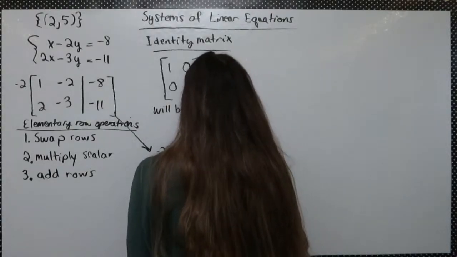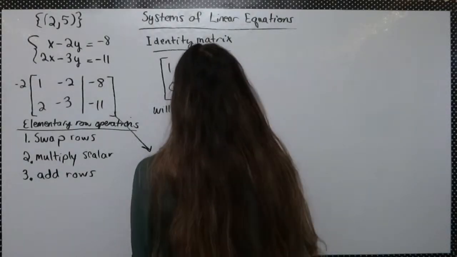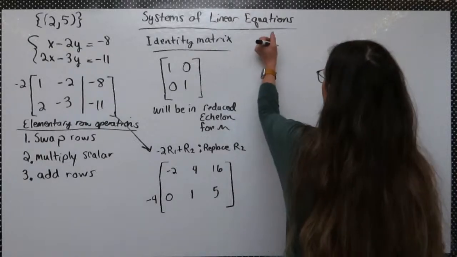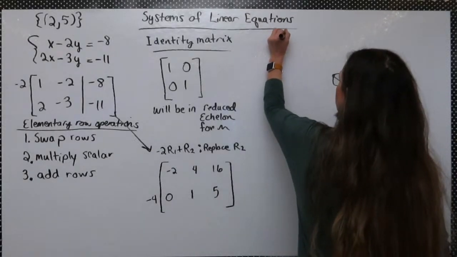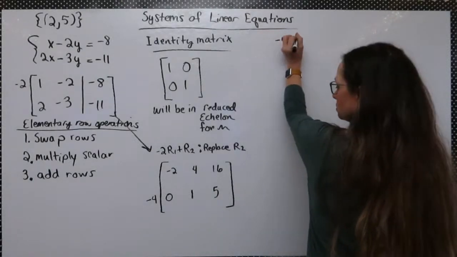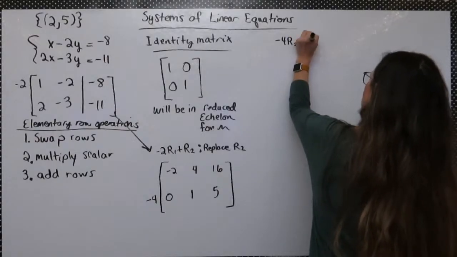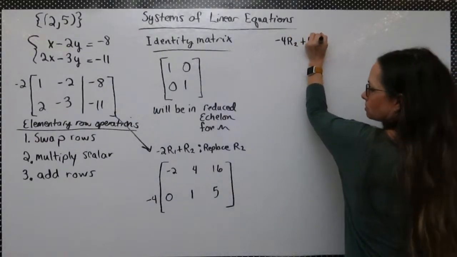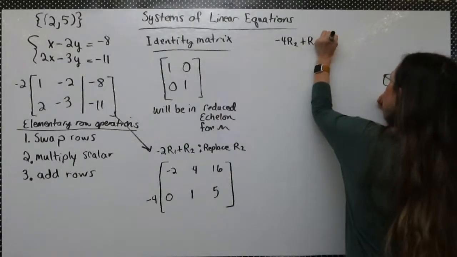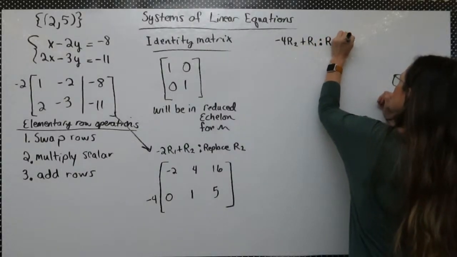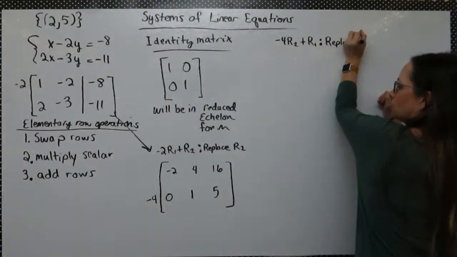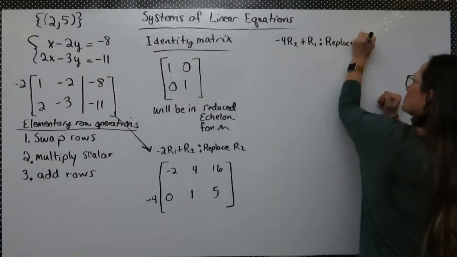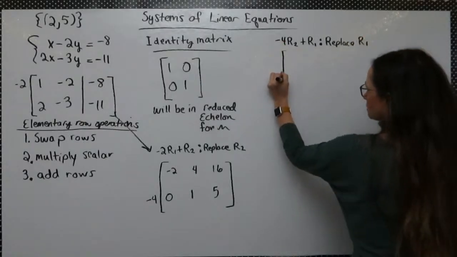So let's go ahead and write that in here. Let's say -4 row 2 plus row 1, and then we're going to replace row 1.